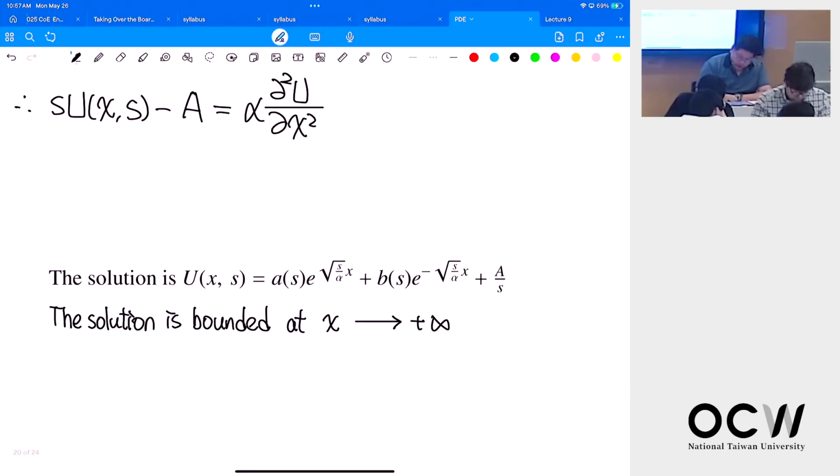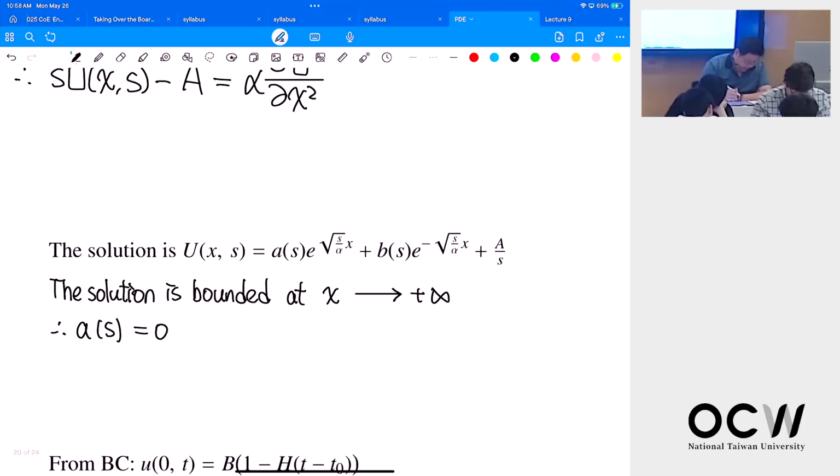So the solution is bounded, which means the coefficient a of s should be 0. We only have the function b of s.